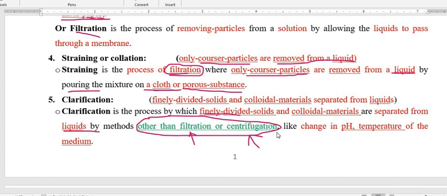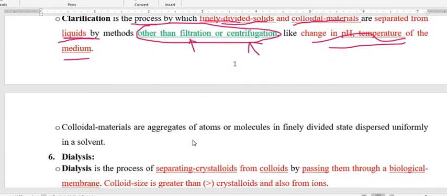So clarification is a process of separation of finely divided particles or solid, and also colloidal material, from the liquid by a method other than filtration or centrifugation, by changing the pH and the temperature of the medium. So the very important point here is that by changing the pH or the temperature, we separate the solid from the liquid. So this is about clarification.